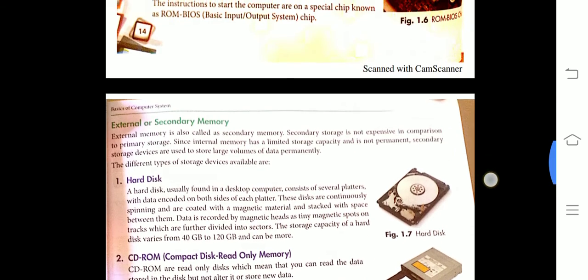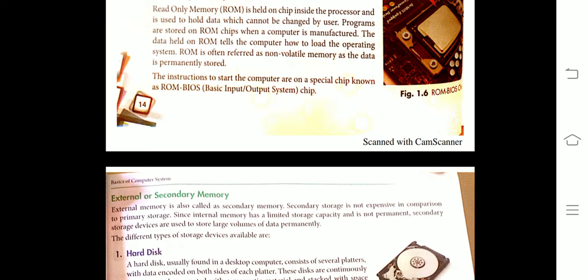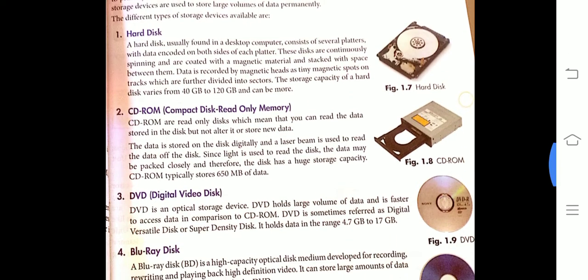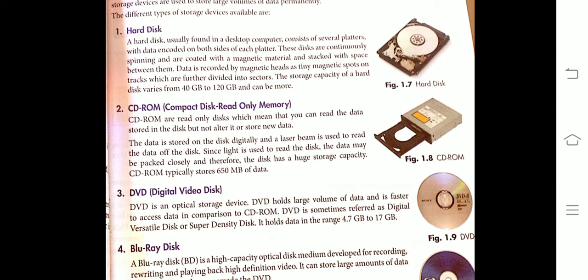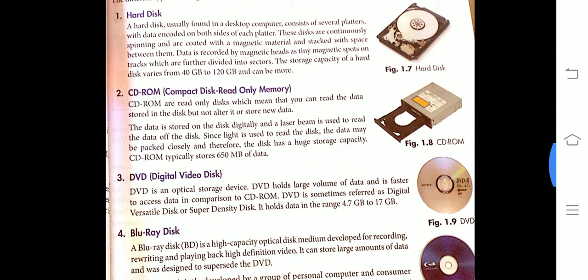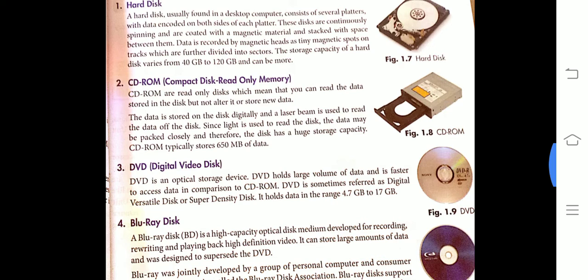Okay, students, we have to understand external memory, that is, the hard disk. A hard disk, usually found in desktop computers, consists of several platters with data encoded on both sides of each platter. These disks spin continuously, are coated with a magnetic material, and are stacked with space between them.